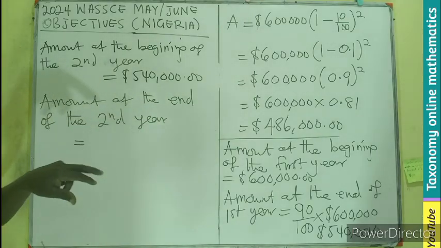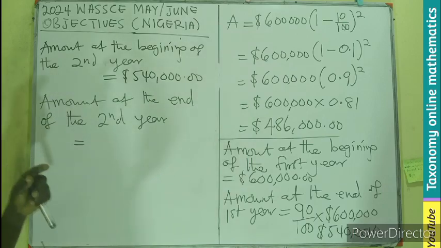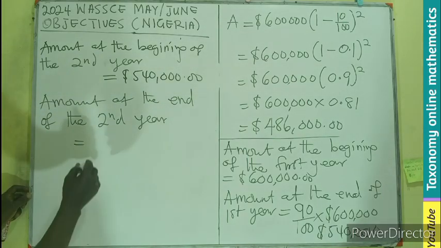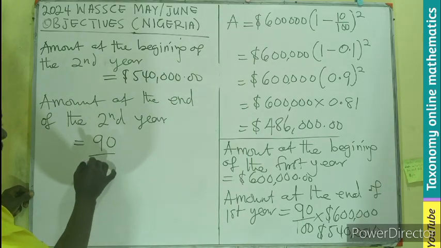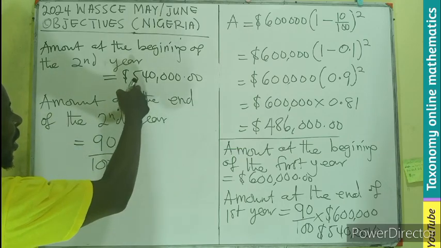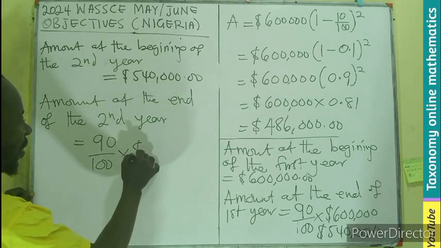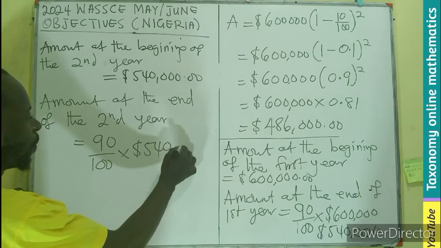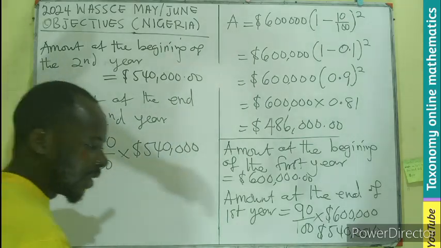The amount at the end of the second year is going to be a depreciation again of 10%. So that will be 90% times the beginning price, which in this case is 540,000.